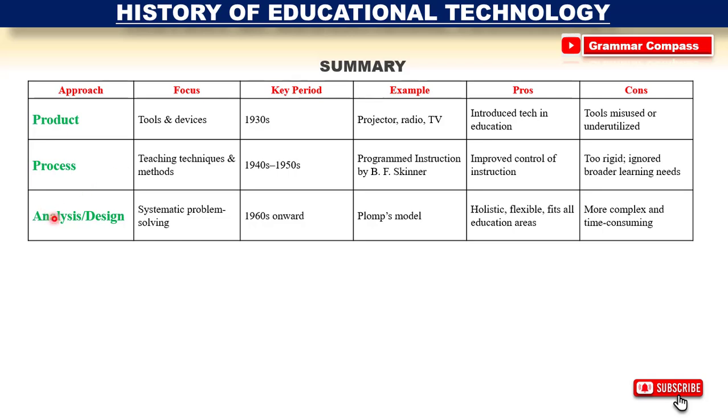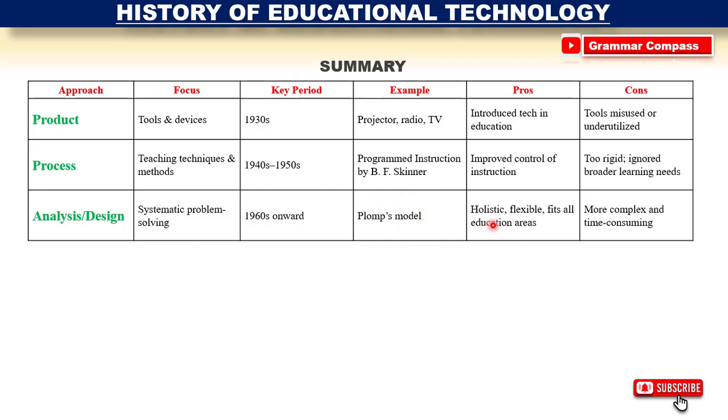The last approach to the history, which is still being used today, is the analysis and design approach. This involves systematic problem solving. The key period where its use started was the 1960s onward. A typical example is the Plum's model, which we just discussed.